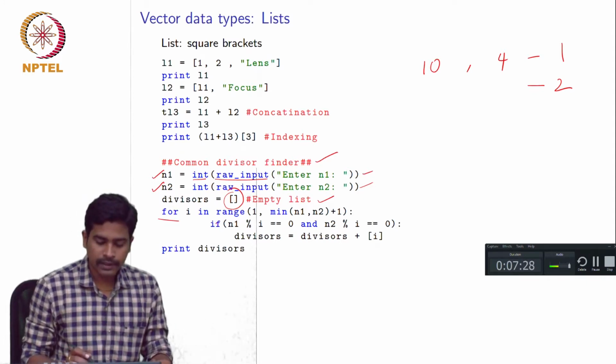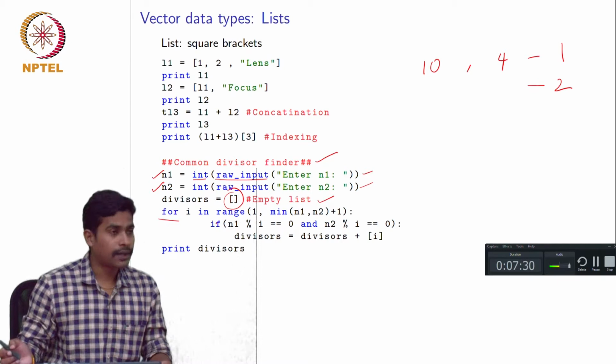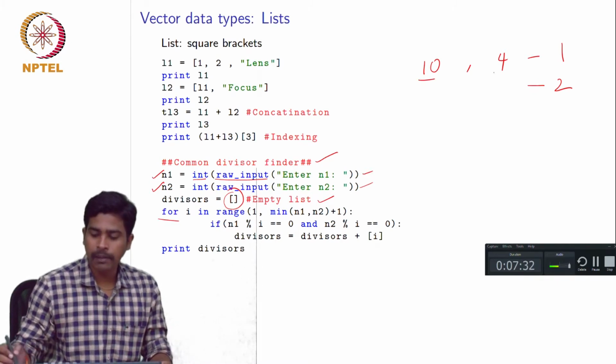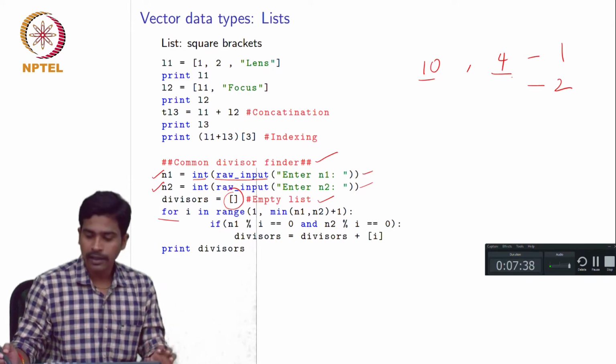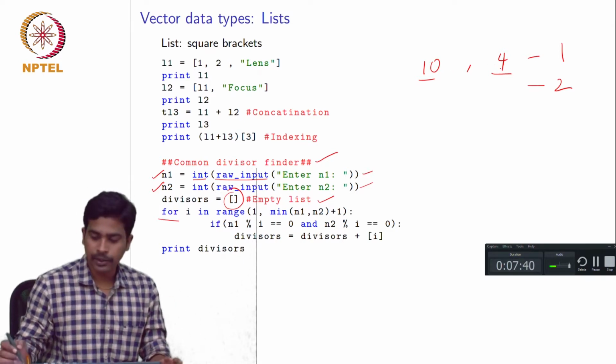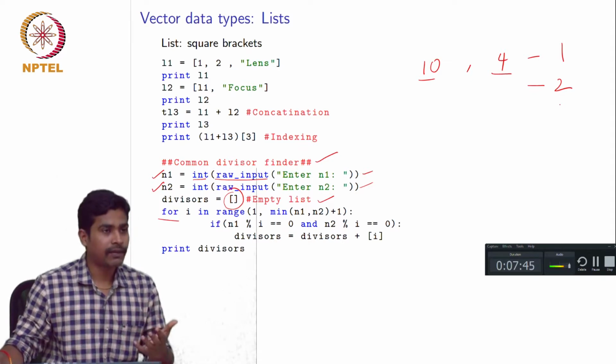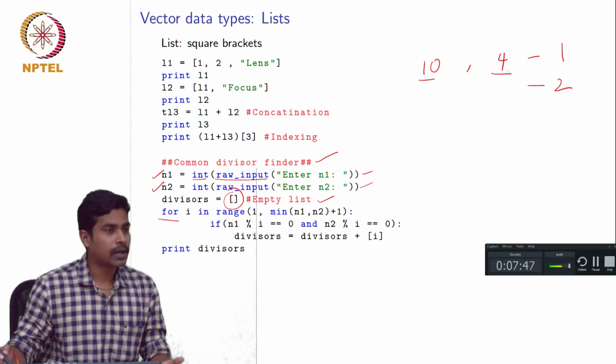The algorithm is, obviously, if there are two numbers, the common divisor cannot be larger than the smaller of the two numbers, right? The largest common divisor is always less than or equal to the smallest of the two numbers.